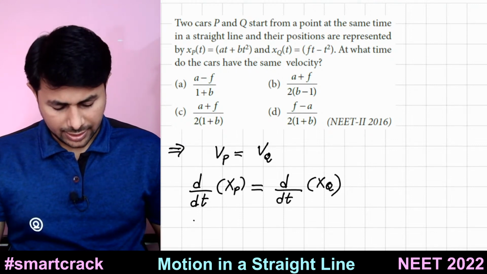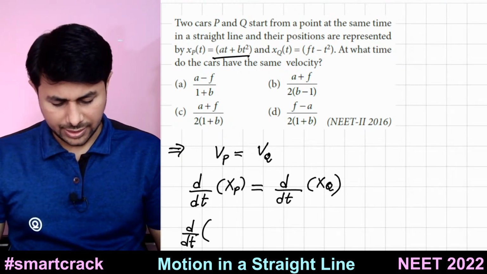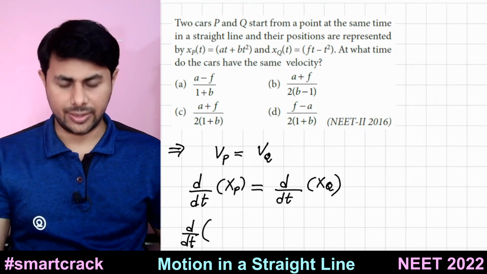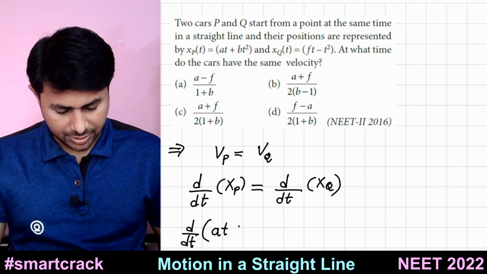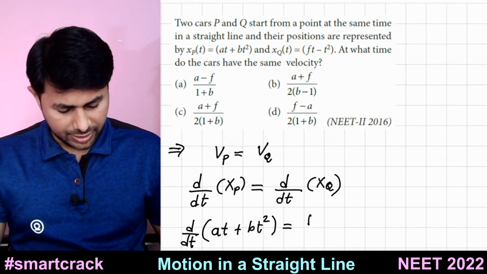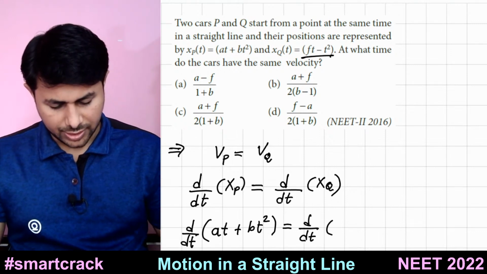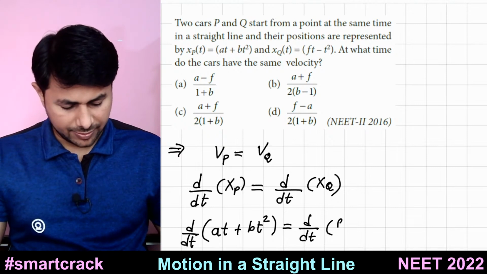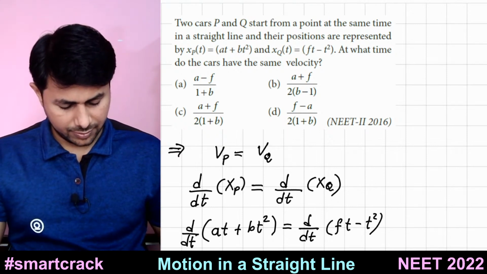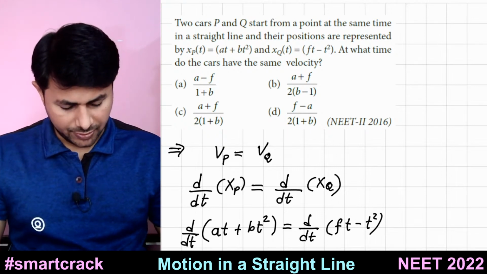Okay, that is d by dt of position of p, which is at plus bt square. So d by dt of (at plus bt square) is equal to d by dt of position of q, which is ft minus t square. Okay, so let's solve it.